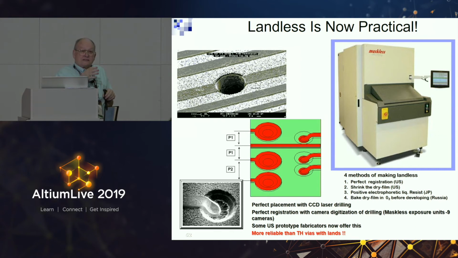Because it's DLP mirrors from Texas Instruments, and the software is so fast, this machine produces perfect registration. So if you choose to have a landless via, every single land is perfectly aligned no matter where the hole is. So it doesn't use a program for the holes. It measures the actual drilled hole and then morphs the artwork to perfectly match it.